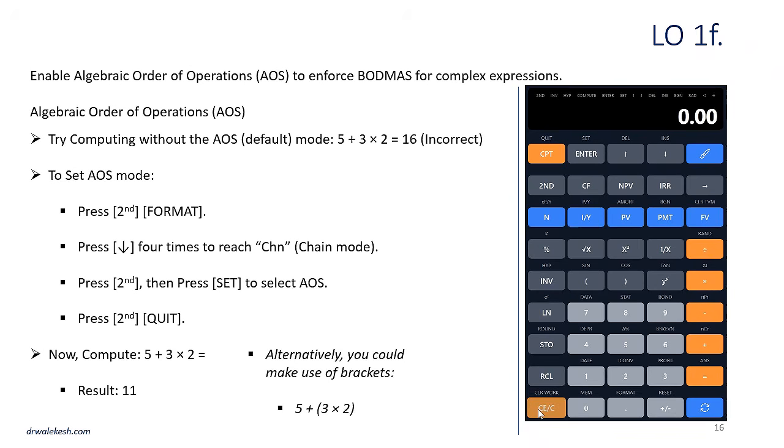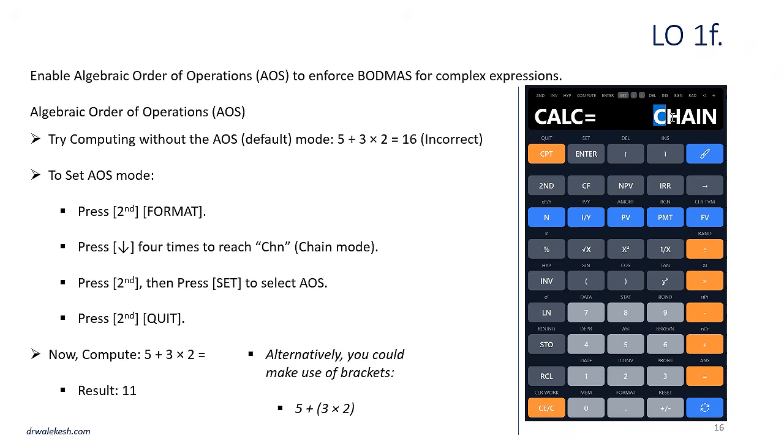So a better way to go about this is to convert our financial calculator to AOS mode. To do that, we would press second function, then format, then arrow down 4 times, 1, 2, 3, then 4.